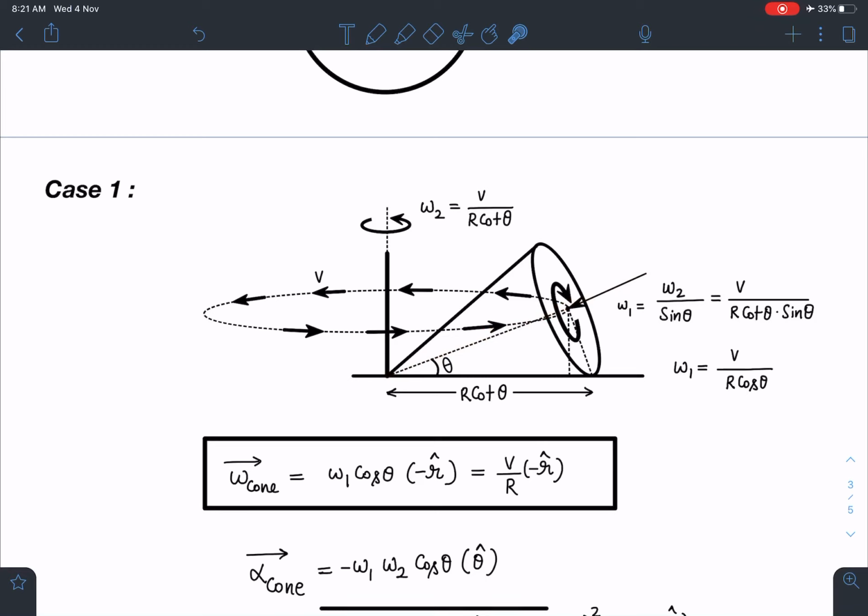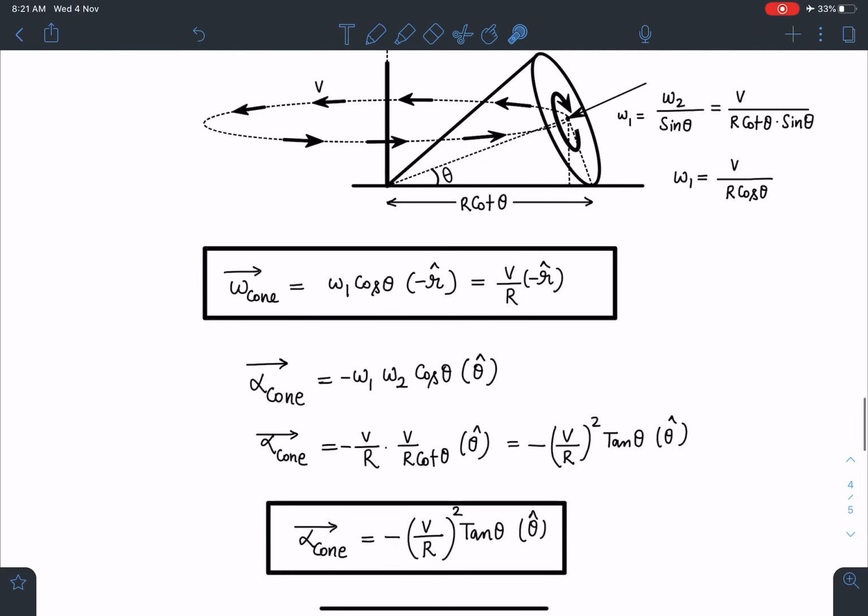Now I can easily write, because overall this omega was in this direction. In this case 1, omega cone was in this direction and value was omega 1 cos theta minus r cap. So I am going to get v by r times minus r cap.